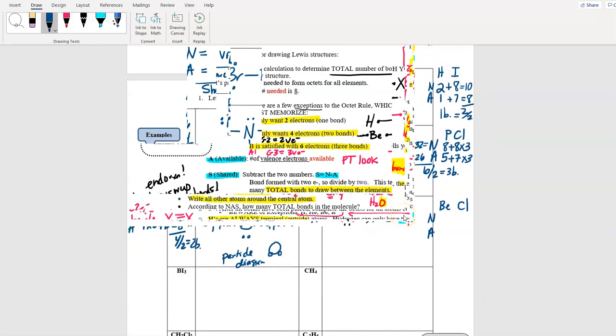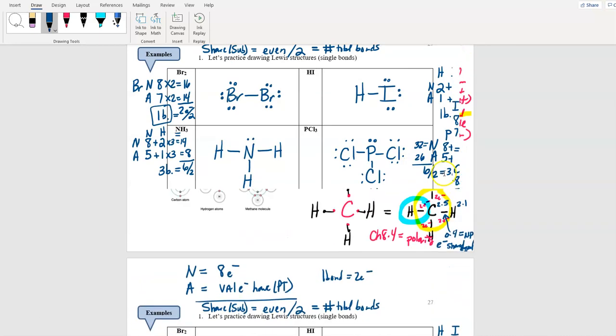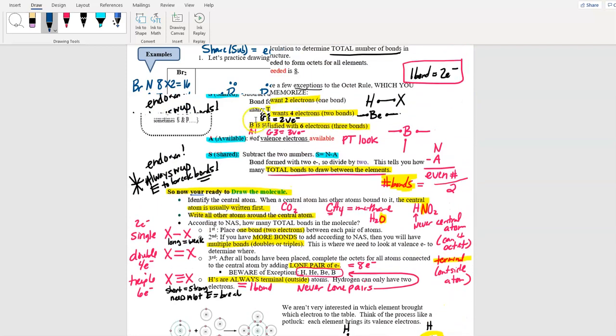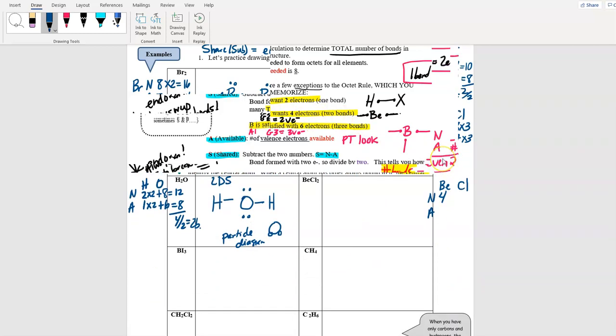When you get to his need, he only needs 4, because remember, beryllium only wants 4. Now, you're probably thinking, how am I going to remember that? Well, how many valence does he have? He has 2 valence. So 2 times 2, that's all he can do is 4 electrons surrounding him.